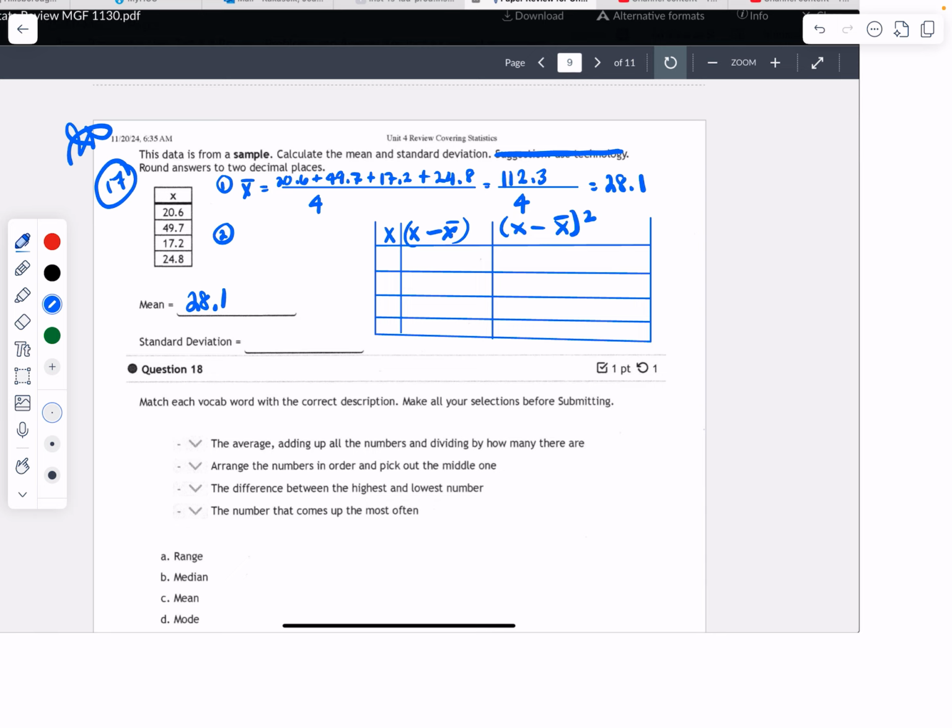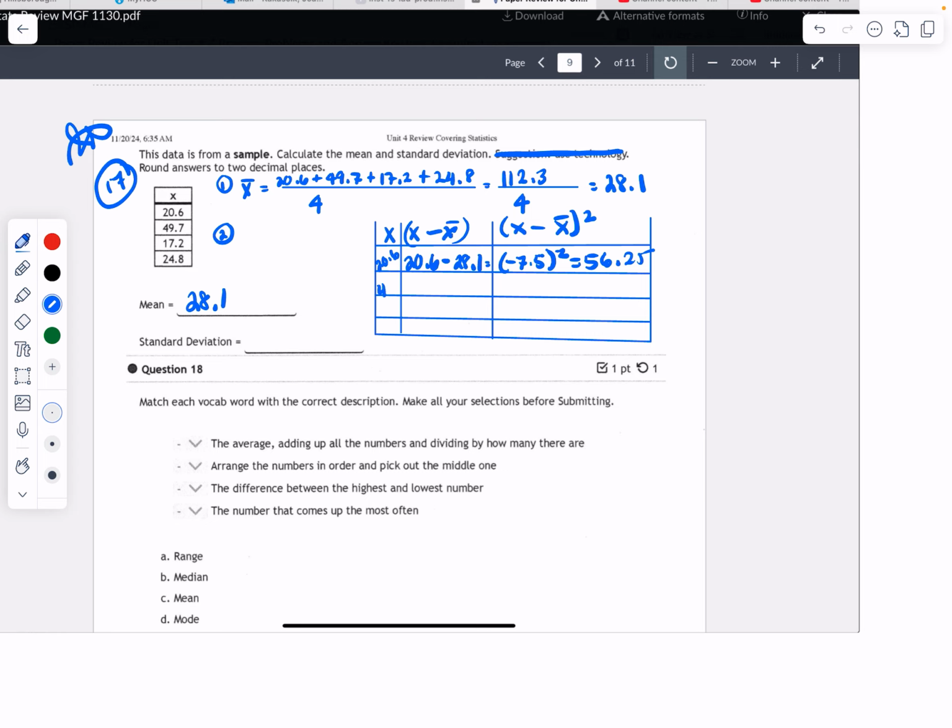So the first one is 20.6. I take 20.6 minus the mean, which is 28.1, and I'm going to figure out what that is. 20.6 minus 28.1 gives me negative 7.5, and I'm going to square it. And when I do that, I get 56.25. All right, let's do the next one.